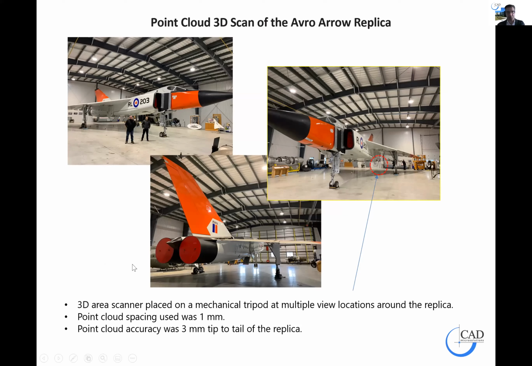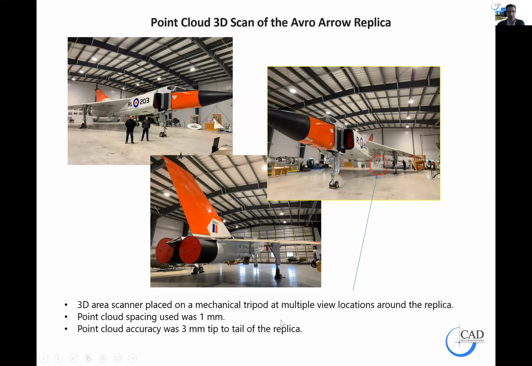We provided the equipment and the service to do the actual 3D scan, which sits on a mechanical tripod. As you can see here in the red dashed circle, it's a little triangular portion in the background behind the aircraft. At various strategic locations, 360 degrees around the aircraft and at various elevations, we scanned the whole aircraft replica.